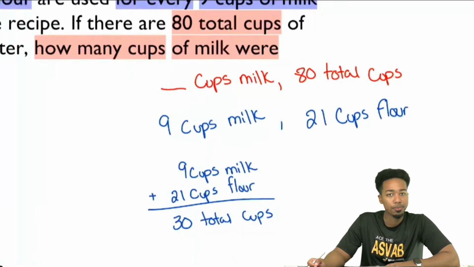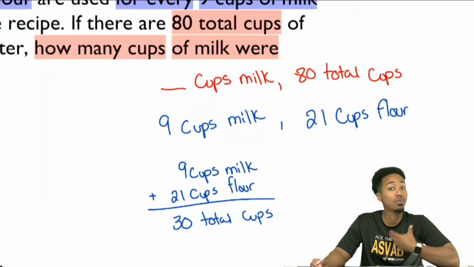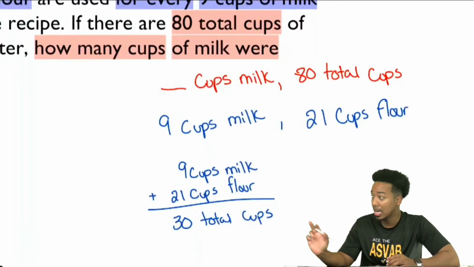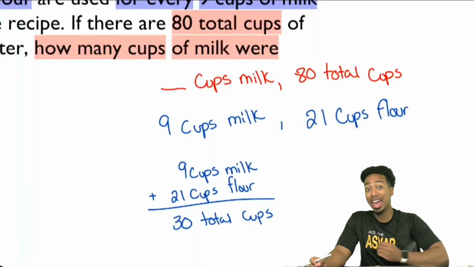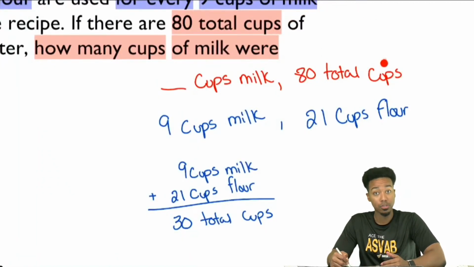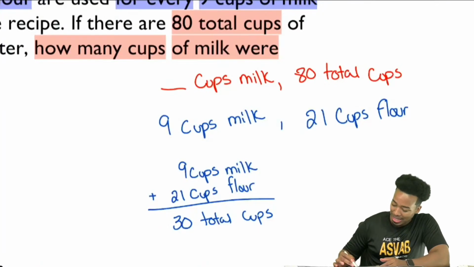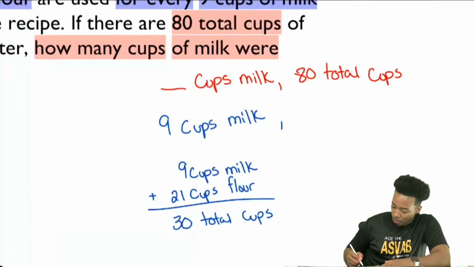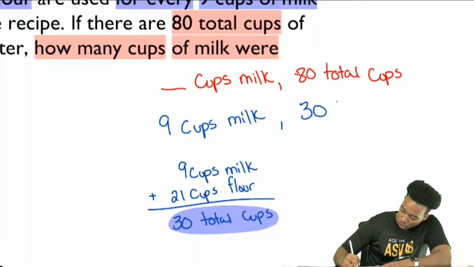And that's what we can do. Having the understanding of what total means, we can take the information that they give us. If we write a proportion and it starts with milk versus total, the other fraction has to be milk versus total. That's not what we're doing here. That's why this has to go away, and we'll replace it with the 30 total cups.